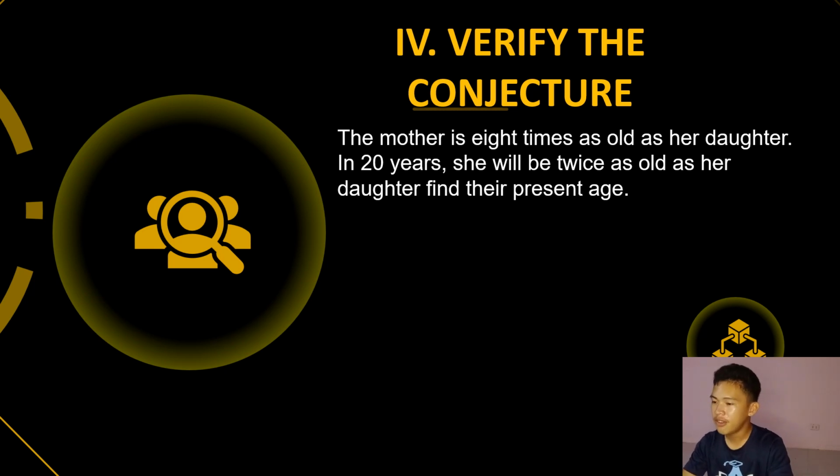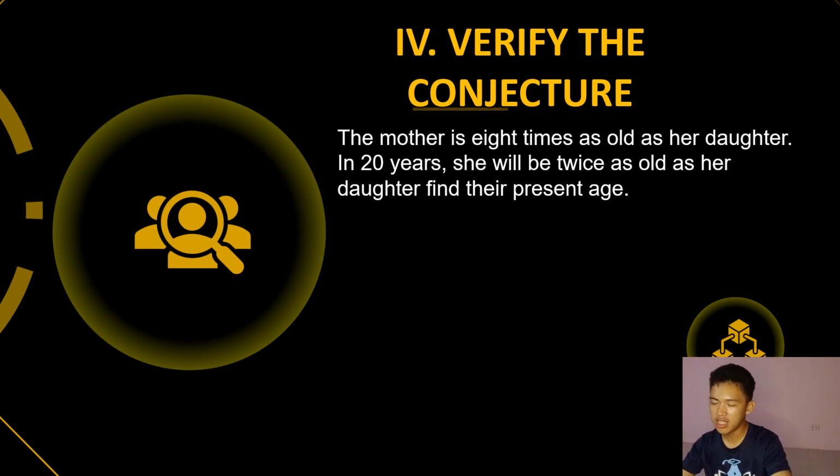But the difference from the previous slide is 6 times, and this time it is 8 times. So let's prove if this is correct, if the age of the mother to her daughter in 20 years is twice or not.